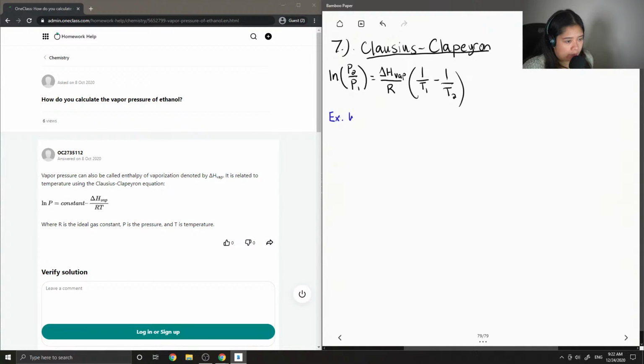Okay, so I'll have an example question on how we would calculate the vapor pressure of ethanol. For example, what is the vapor pressure of ethanol at 50 degrees Celsius?